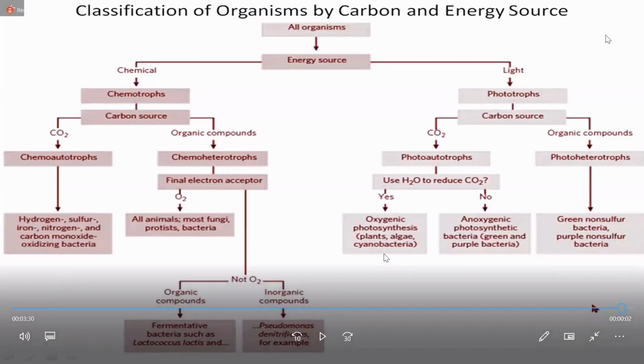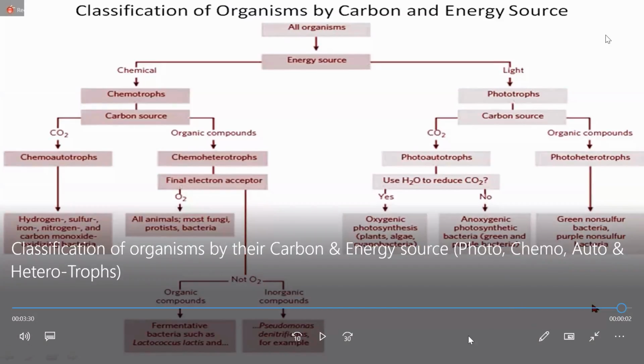And next, organic compounds containing carbon. These are called photoheterotrophs, as in the green non-sulfur bacteria.